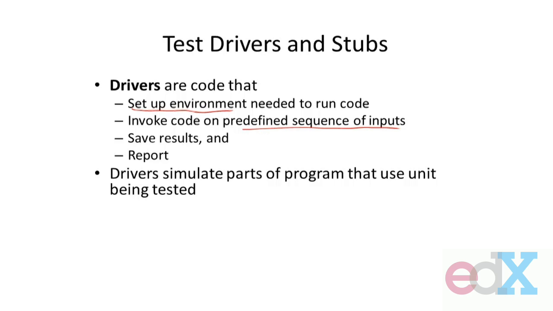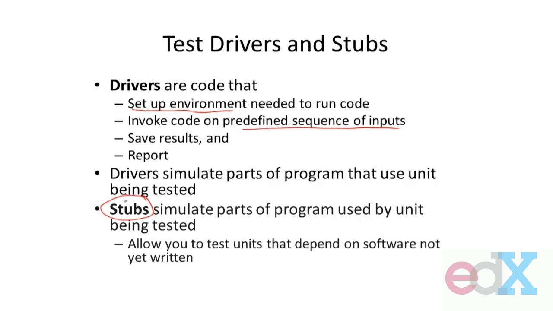Now, if there are interactions with other pieces of code, what happens if we haven't already debugged those? There we can often use what's called a stub. And a stub simply simulates parts of the program that are used by the unit being tested. And when I say simulate, if I've already built the code and it runs, great. But even if I haven't, I can still get the same effect. For example, by building a table of input-output pairs and using that to simulate the behavior of that particular piece of code.